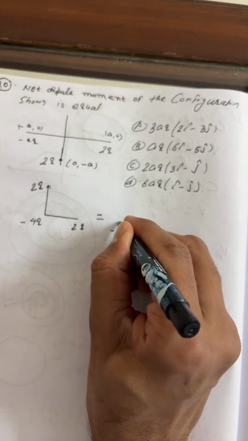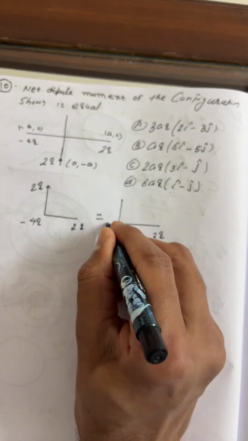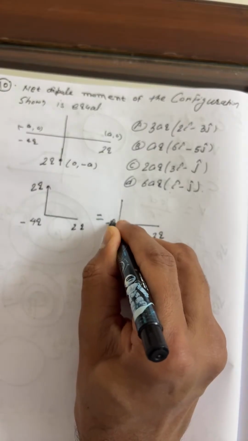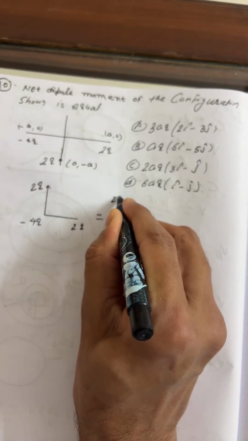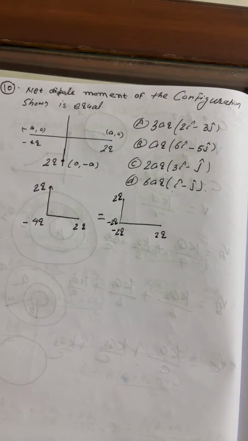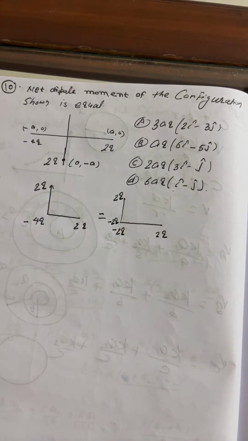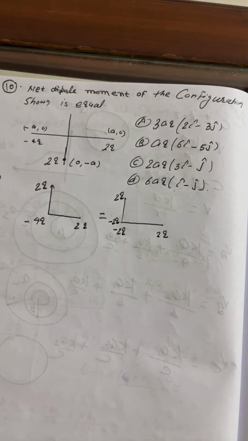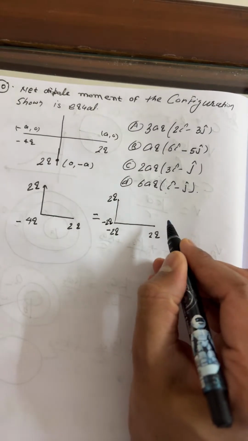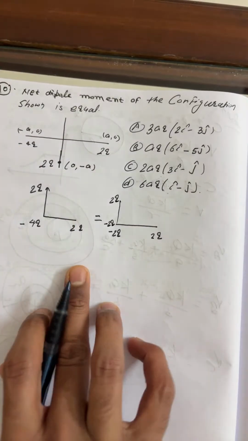Now there is another dipole, this is minus 2q and plus 2q. These two dipoles are at 90 degrees. You can apply the formula and I will get the answer, right? So this is the concept I can apply over here.